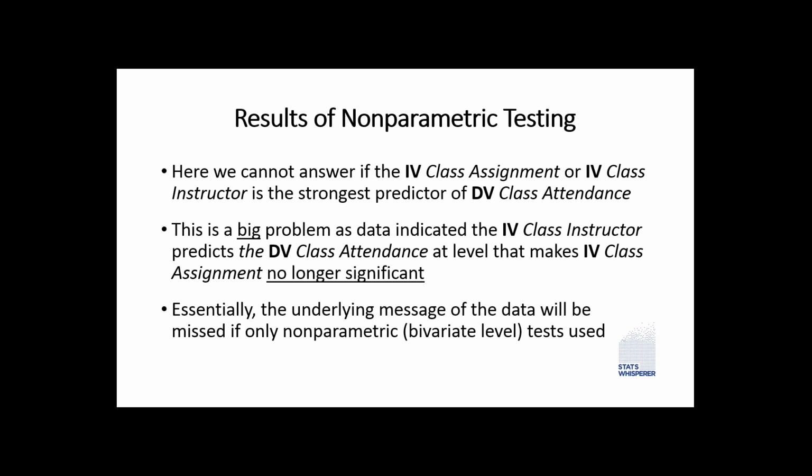So we know that once you consider who's instructing, the class assignment no longer matters. But if we just did non-parametric testing, we can't get that take-home message. So that underlying message is missed if we only go to the bivariate level.